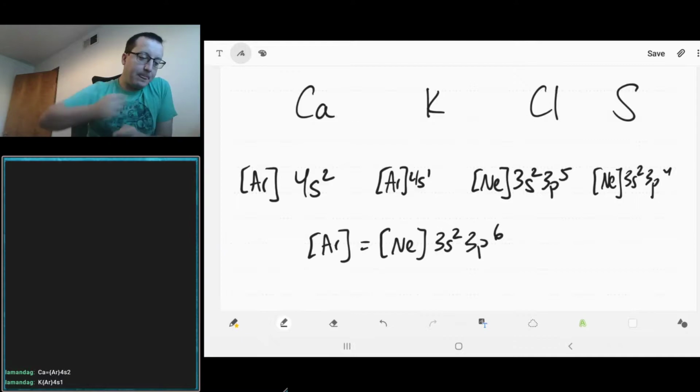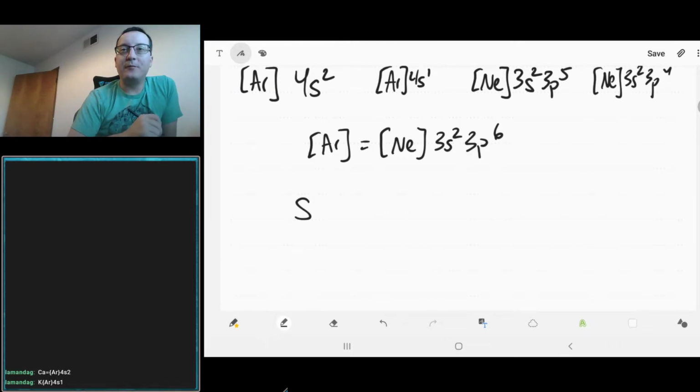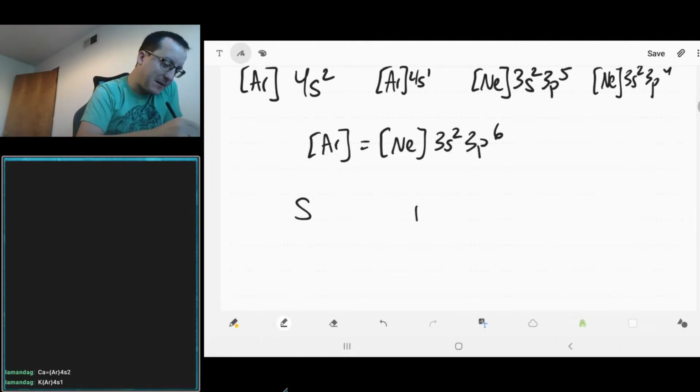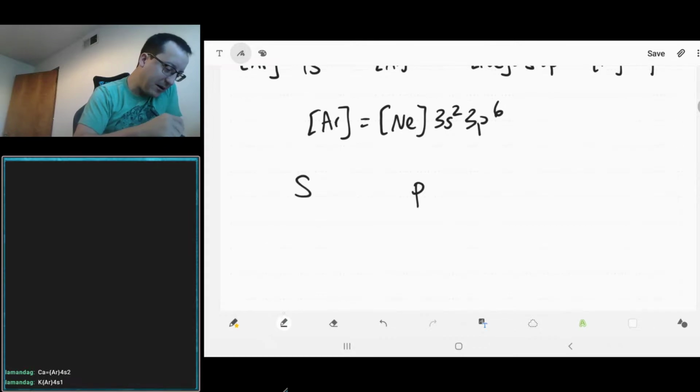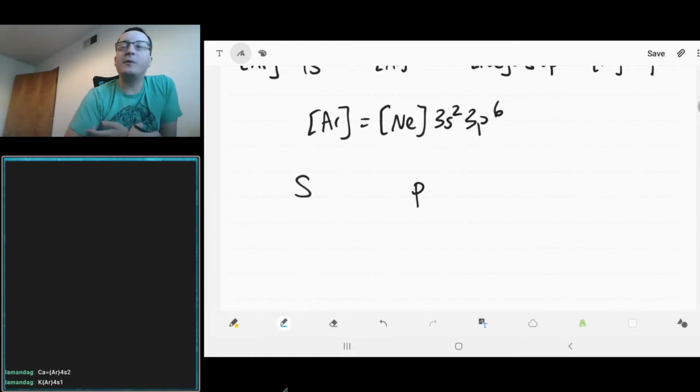Okay, so let's take a look at an s orbital. These actually do have fun shapes. Well, maybe not so fun. But previously, you had the nucleus in the middle and you drew rings around it and stuck some dots in there.